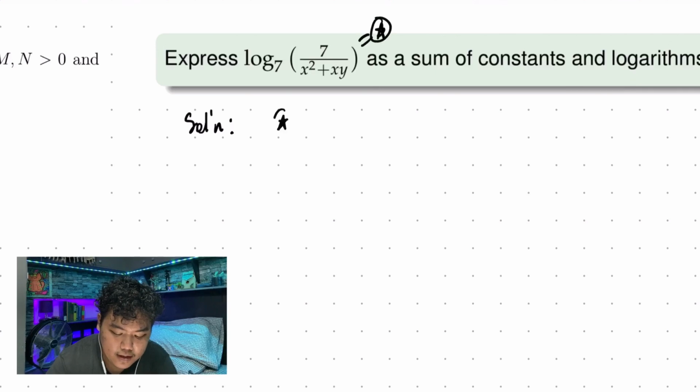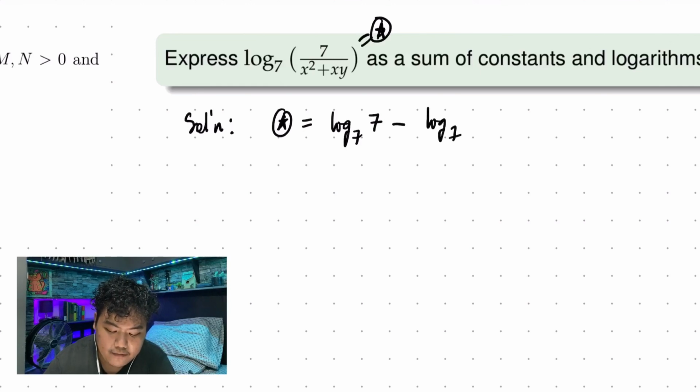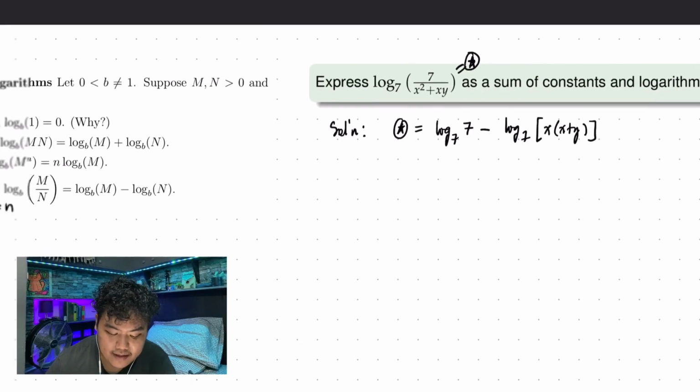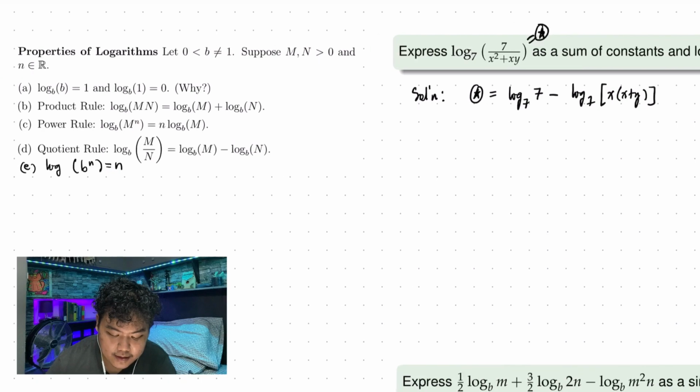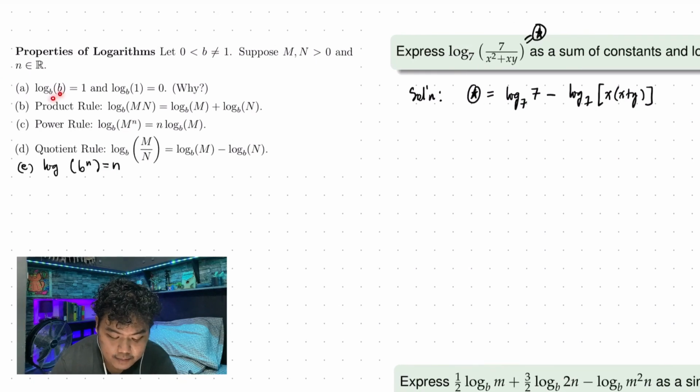Okay, so si star is equal to log base 7 ng 7 minus log base 7 ng denominator. Factor na natin yung denominator. And write it as x times x plus y. And what is log base 7 of 7? Sabi dito, pag same base, 1 lang yon. So, this is 1.